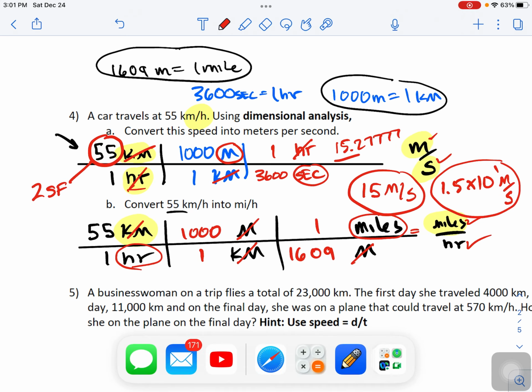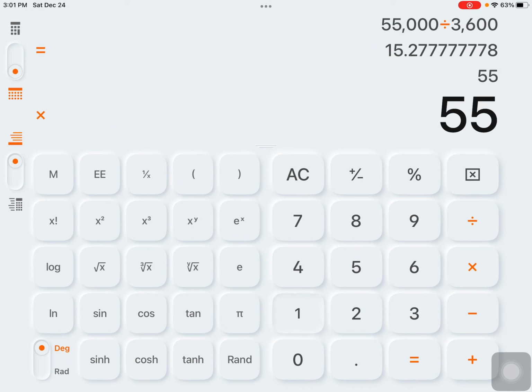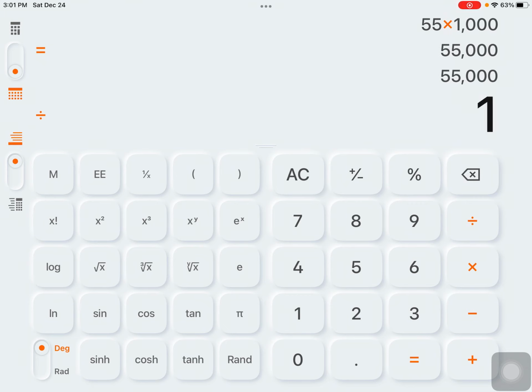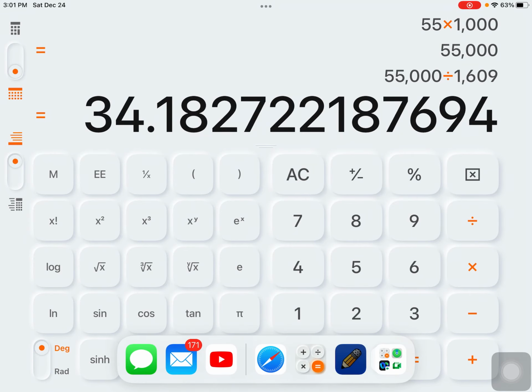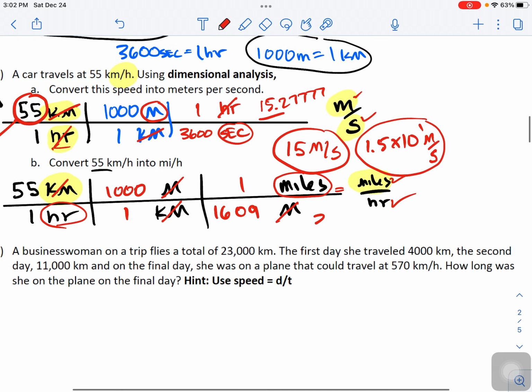All right, back to the calculator. We go 55 times 1,000 equals, and then I'm going to divide that by 1,609 equals, and I got another big giant number, 34.18, blah, blah, blah. So let's go back, and we'll say the final answer, 34.18 miles per hour.